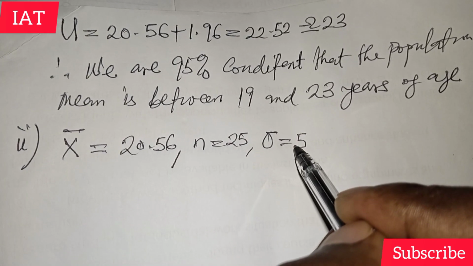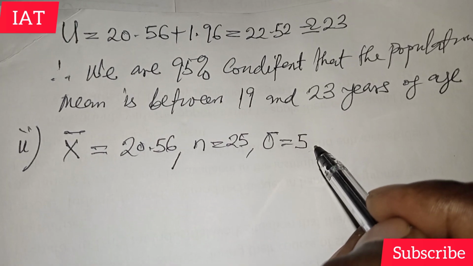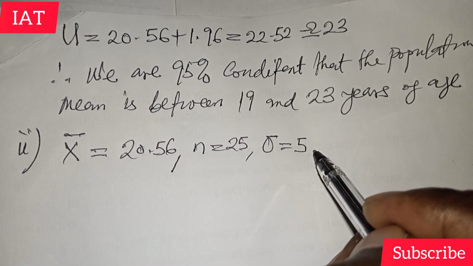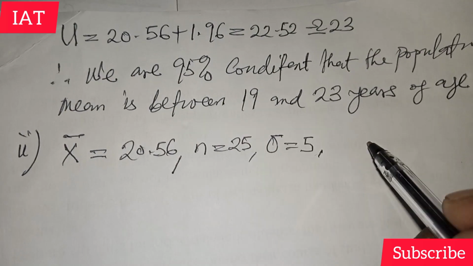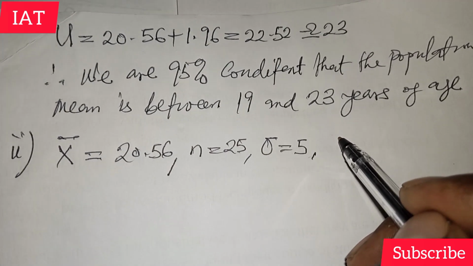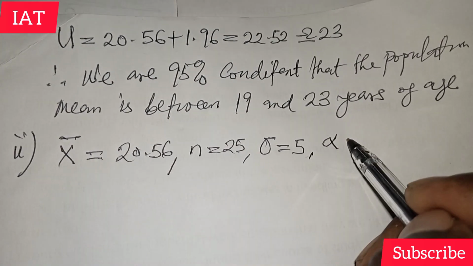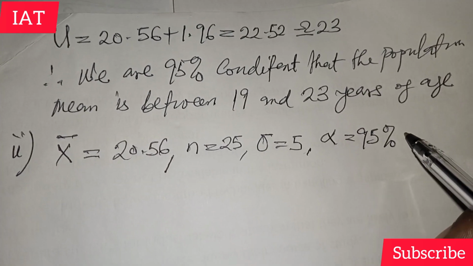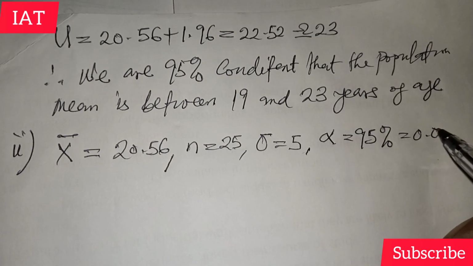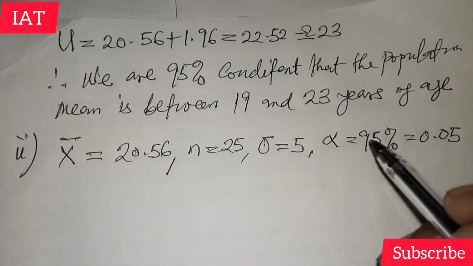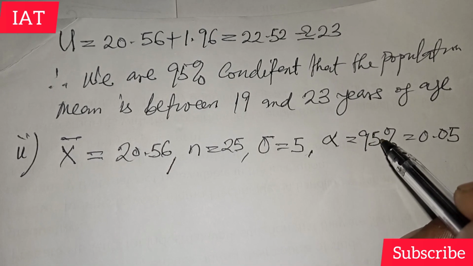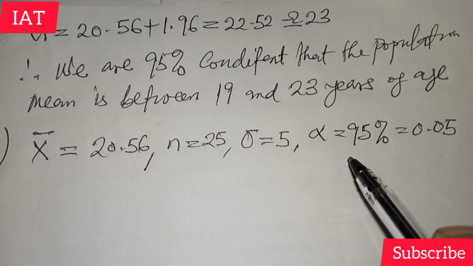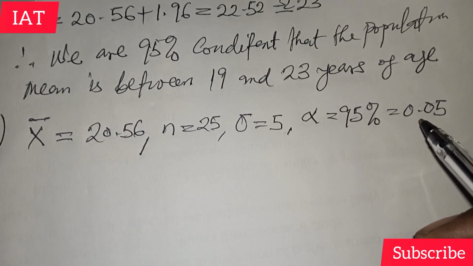Why we are doing this is because we need to know the formula we're supposed to use, whether the Z statistic or the T statistic. So we have the confidence level to be 95%, which has an equivalent value of 0.05 when you subtract 95% from 1.